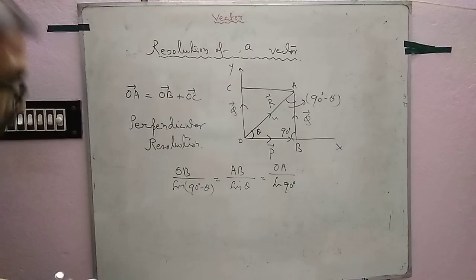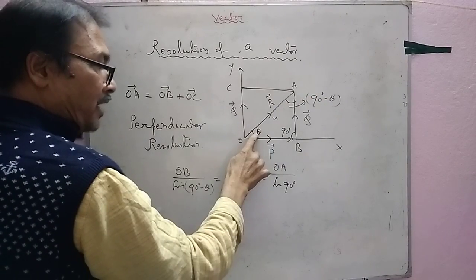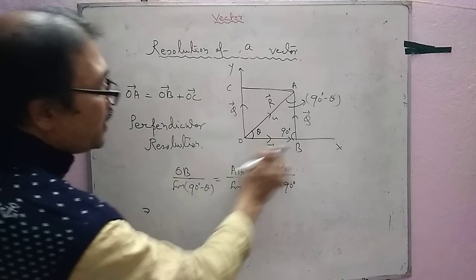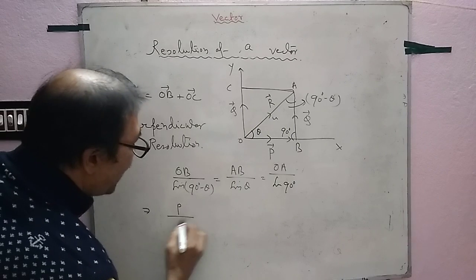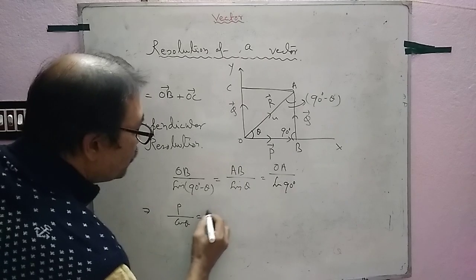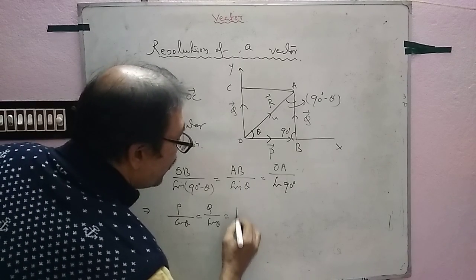The ratio of the sides to the sine of the opposite angles is equal. Follow. This side by sine of its opposite angle. Now value of OB equal to P, P by cos theta equal to AB, value of AB equal to Q, Q by sine theta equal to OA value R.